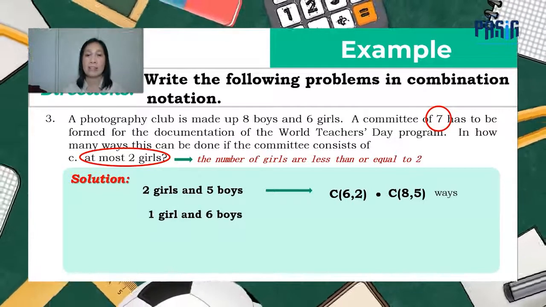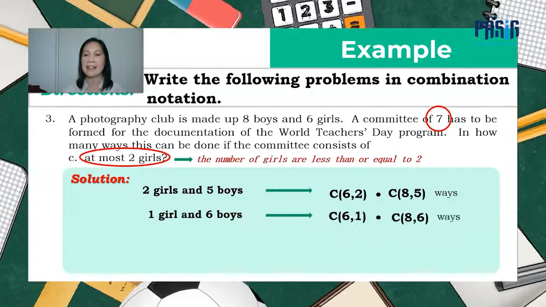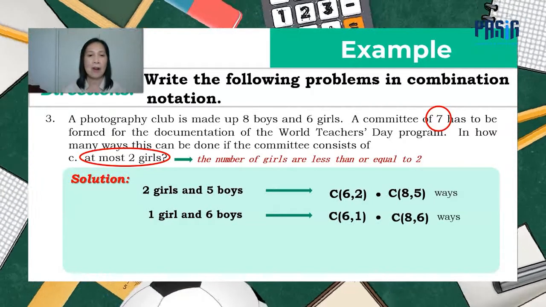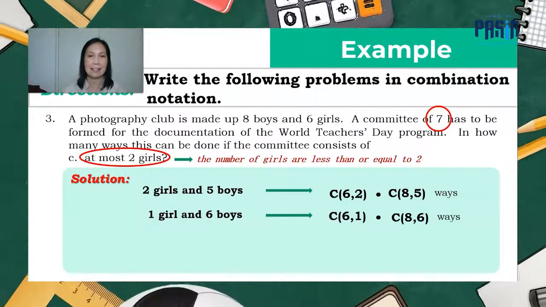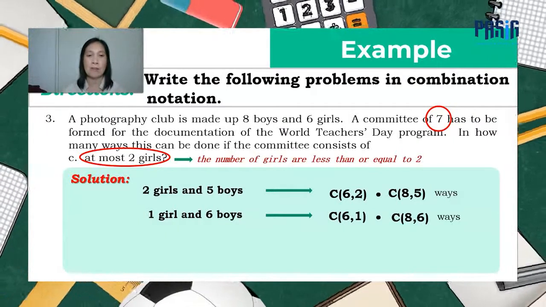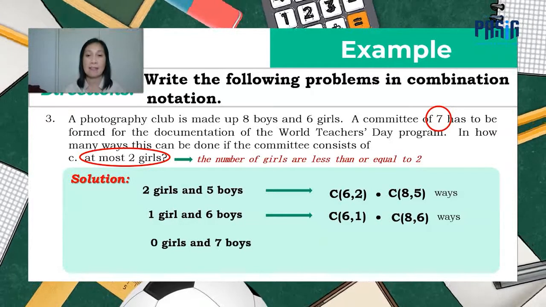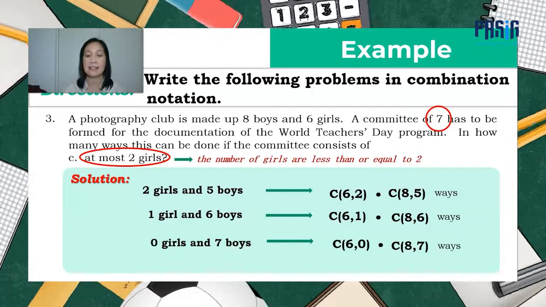Okay, there are 6 boys, and this can be written in combination notation as this. How about if there are no girls? Is it possible? Yes, it's possible that there are no girls in a committee. So, all of the members are boys. So, 0 girls and 7 boys can be written in combination notation as this.